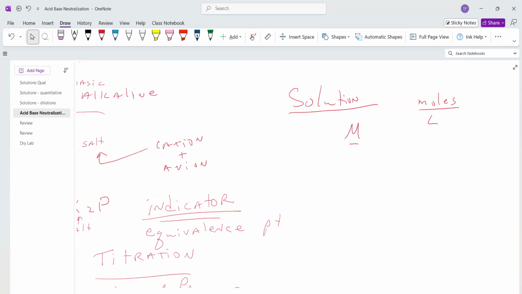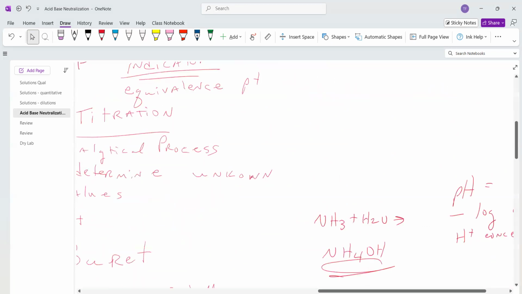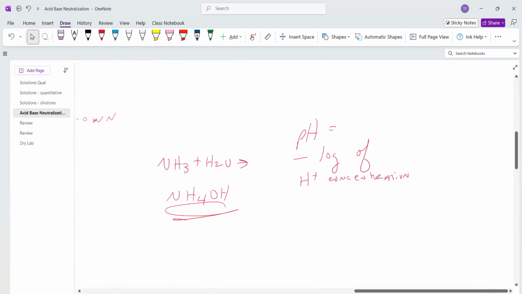Now, another thing I want to mention before I get off of pH is the range. pH ranges from -2 to 14. Now, in some classes, they say you can't have a negative pH. That's totally incorrect. Negative pHs are just strong acids.